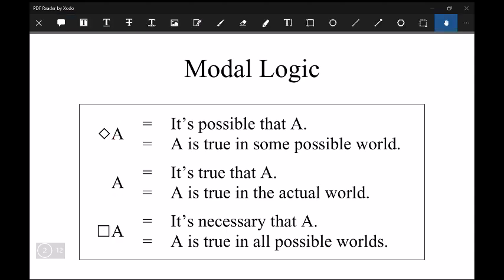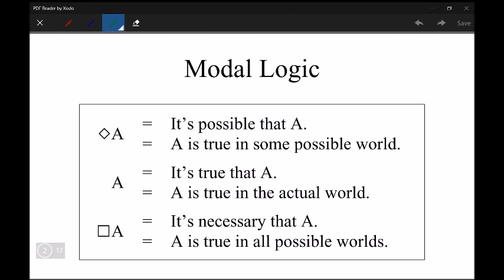And also you have symbols like not, squiggle. You have horseshoe for if then, and you have S and I rules. You have rules for proofs, and you have multiple assumption proofs, and everything else of propositional logic you incorporate into modal logic.